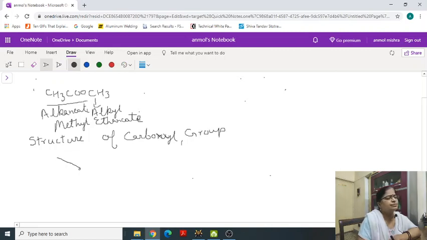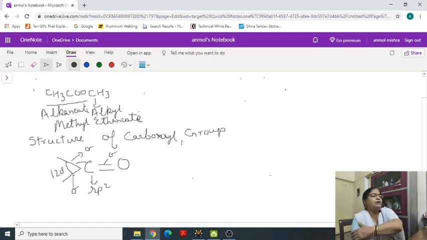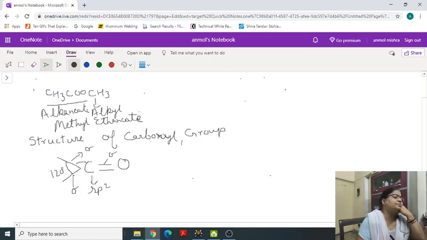The carbon here is sp2 hybridized, 3 sigma bonds are present here, and all the three bond angles are 120 degrees.